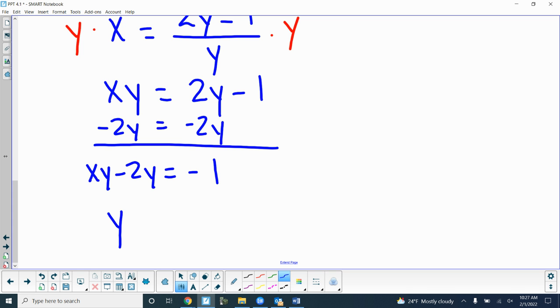What's left in the parentheses then? If I'm factoring, x minus 2, right? So we went from 2 y's, if we factor out the y like a GCF, we're down to 1 y. That means y times x minus 2, right? So how do I move the x minus 2 over to get y by itself? Now we divide by that, x minus 2.